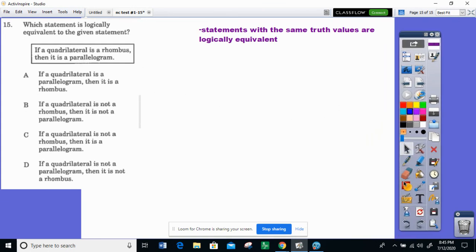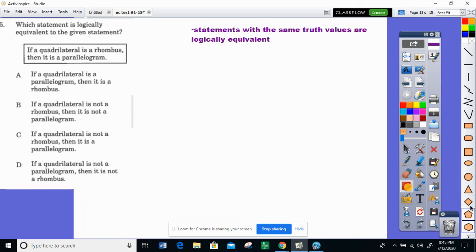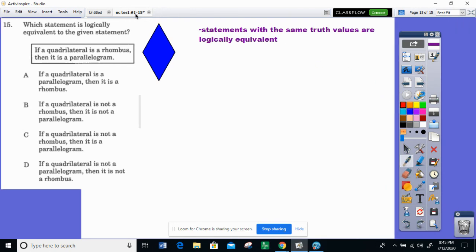If a quadrilateral is a rhombus, okay, here's a rhombus, then it is a parallelogram. Well, what are the facts about a rhombus? All 4 sides are congruent. Opposite sides are parallel. Right there, that's enough to know that it's a parallelogram. So this is a true statement, okay?